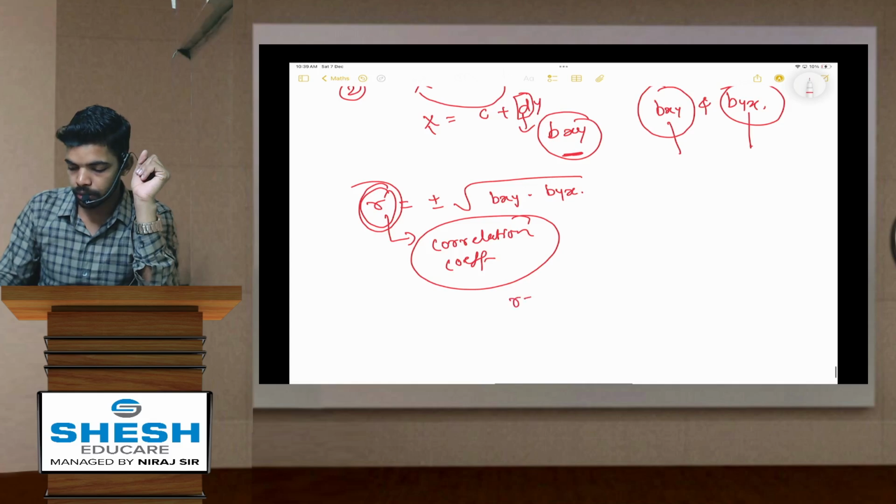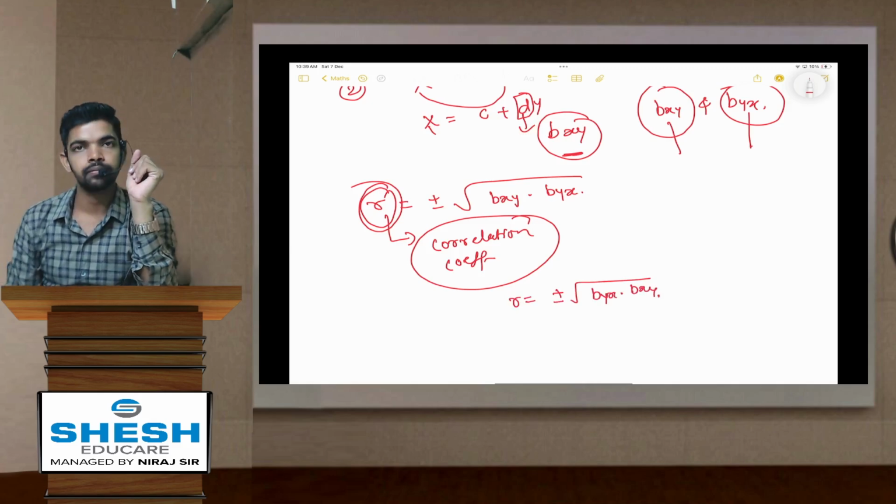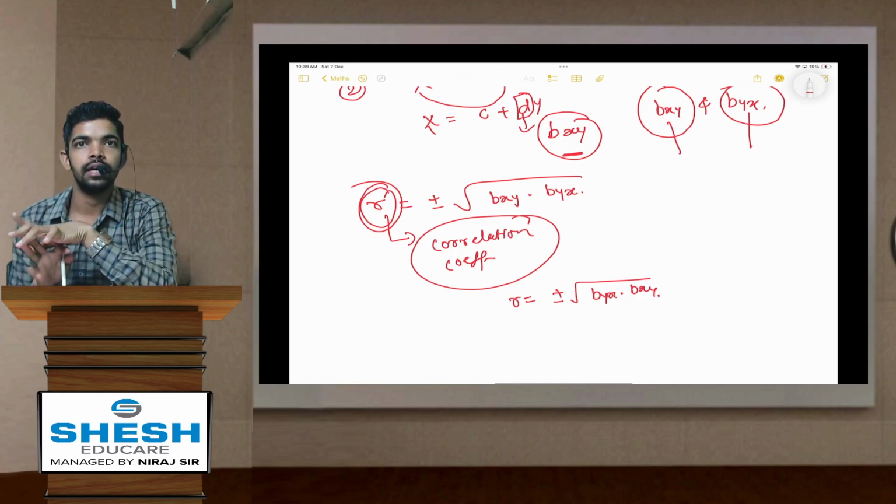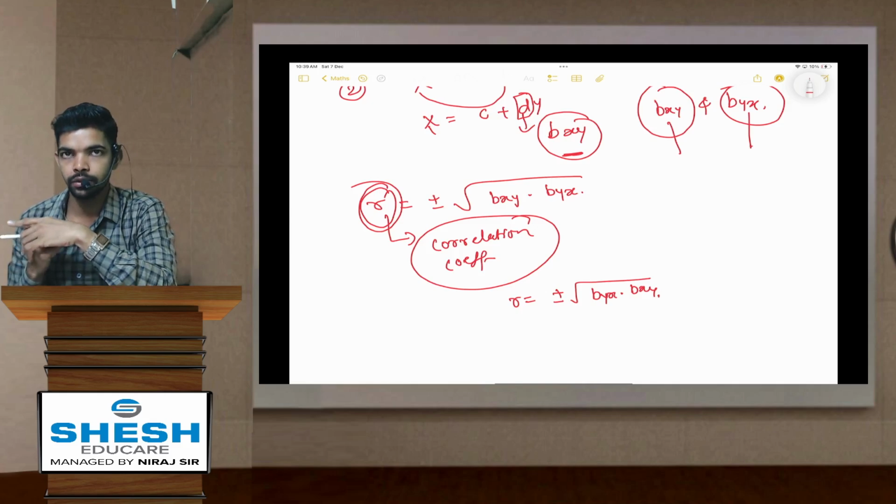Correlation coefficient is the geometric mean of the regression coefficients. This is how you do it. R is the geometric mean of byx into bxy.